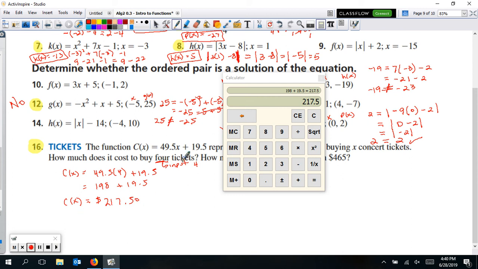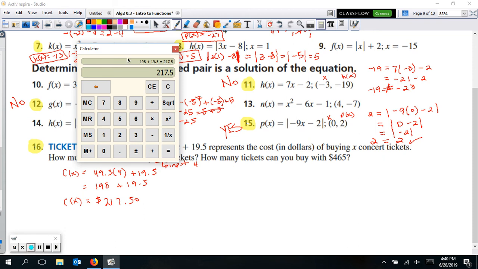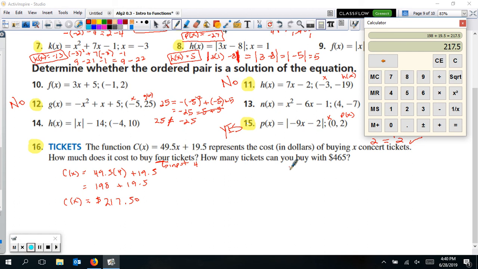Over here it says, how many tickets can you buy with $465? Well, in that case, this c of x is the total cost. And so we want to figure out the number of tickets. We want to solve for x.